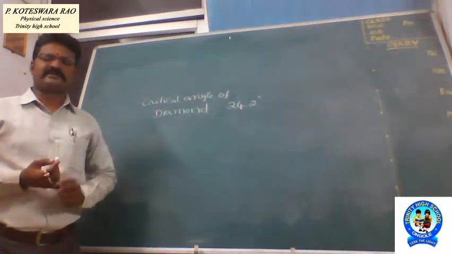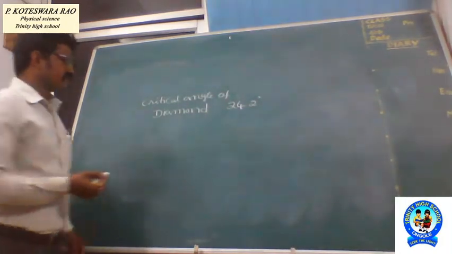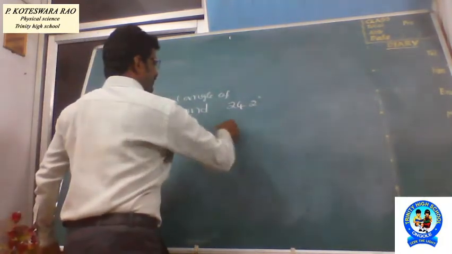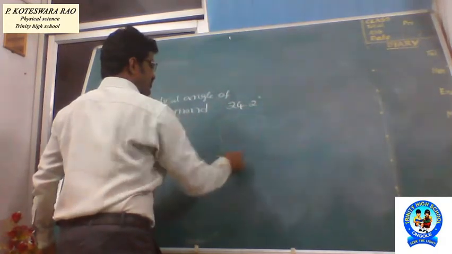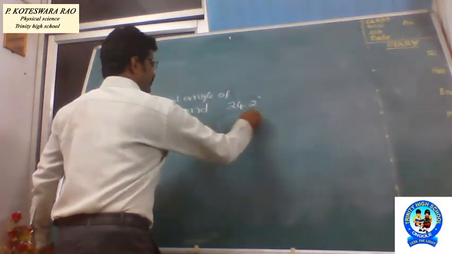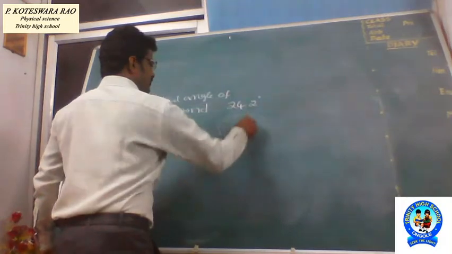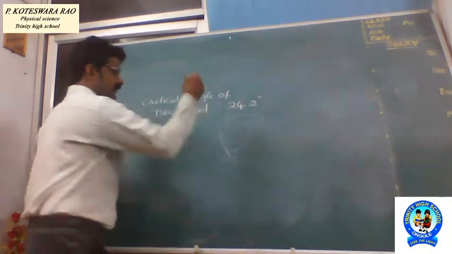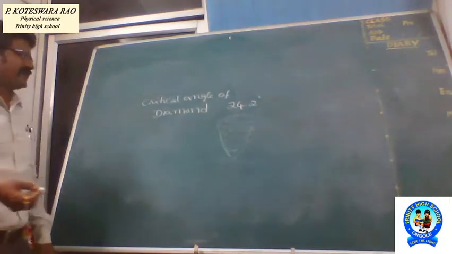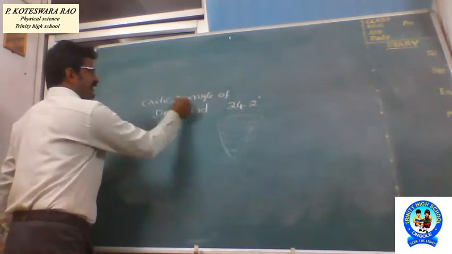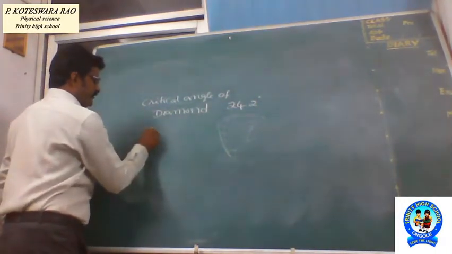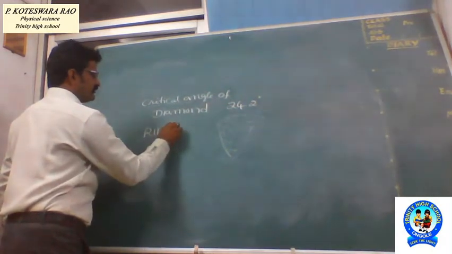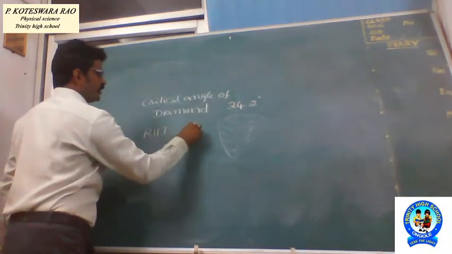It is very less. Because of this, the diamond shines brightly. How is it bright? Because this critical angle is less. What about the refractive index of diamond? 2.42.